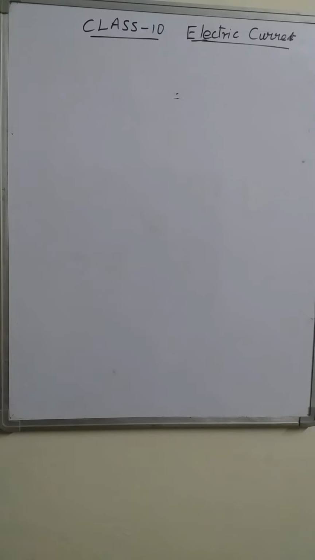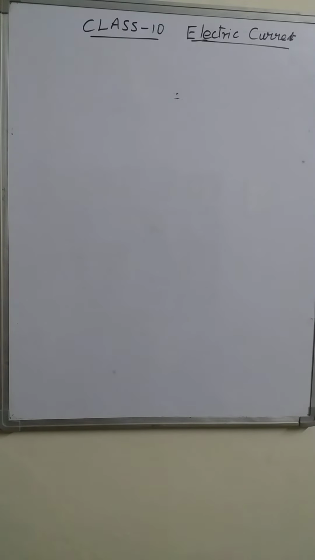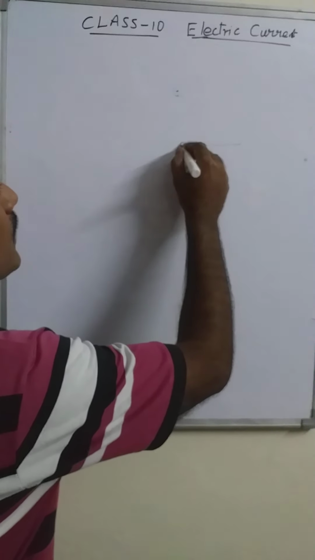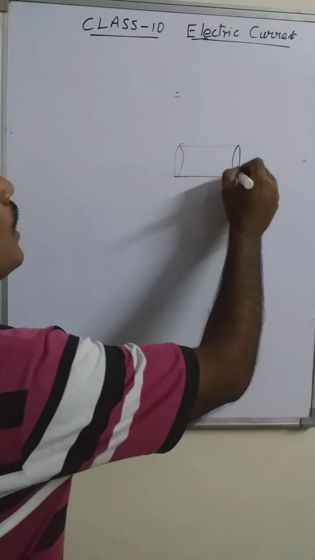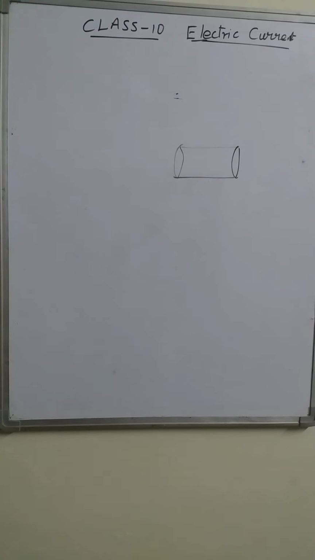Earlier I said, for the flow of electric current through a conductor, what is required? A potential difference must be established across the conductor. This is the conductor, once again I write conductor, and through the conductor we want to flow the electric current, to flow the charges.